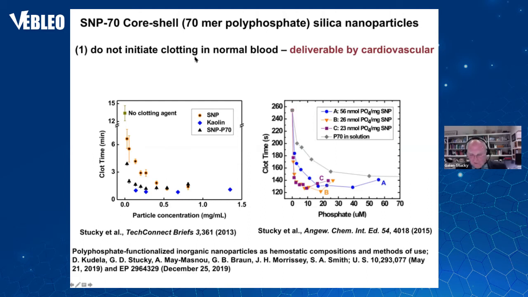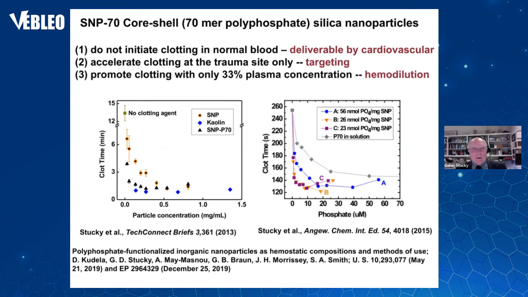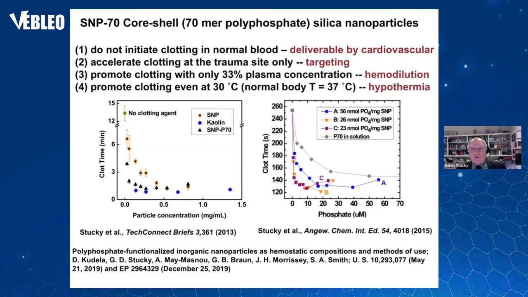It accelerates the clotting at the trauma site only. That's targeting that site, wherever that bleeding may be. It promotes the clotting with only 33% plasma concentration, so it also addresses some of the hemodilution issues, and it promotes clotting even at 30 degrees C.